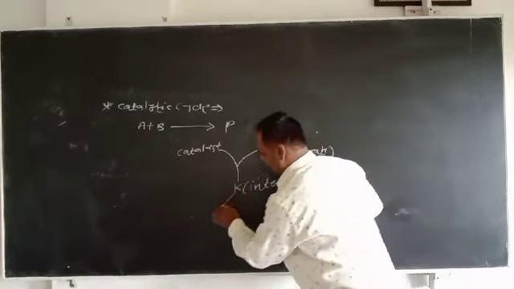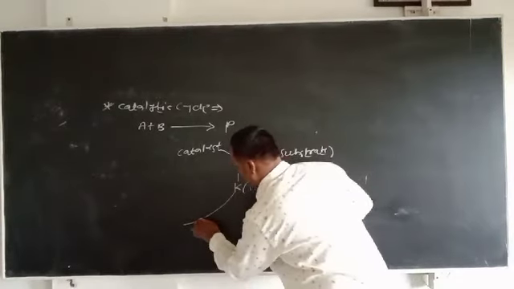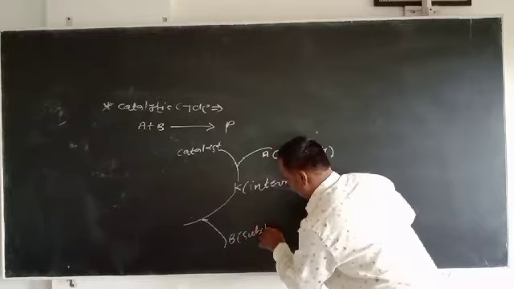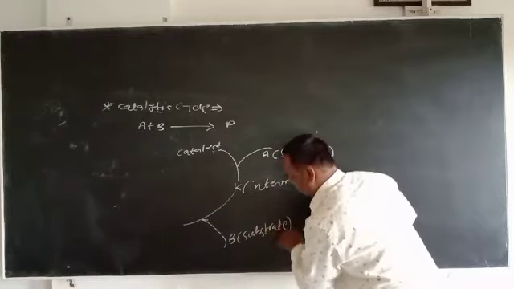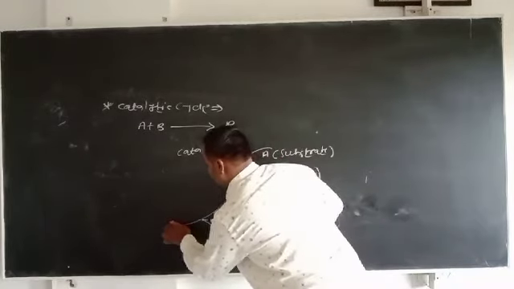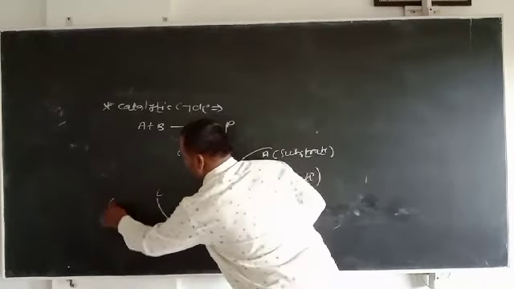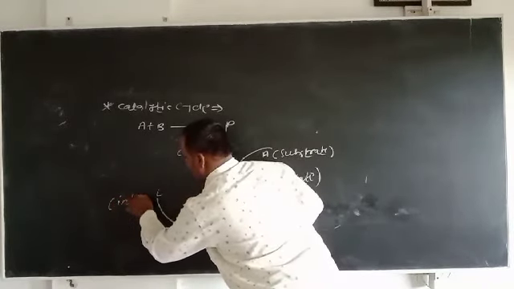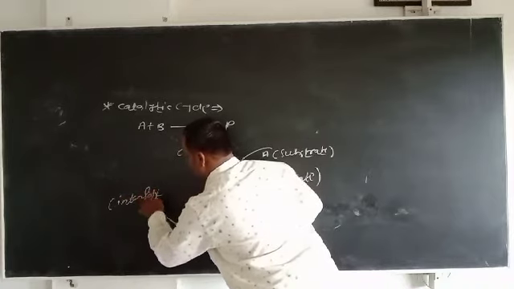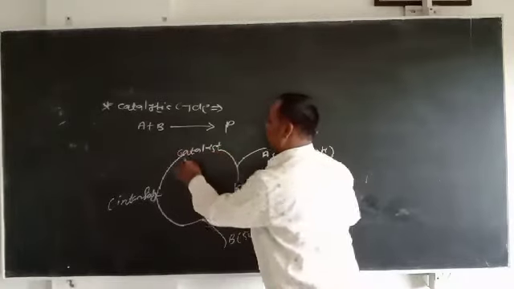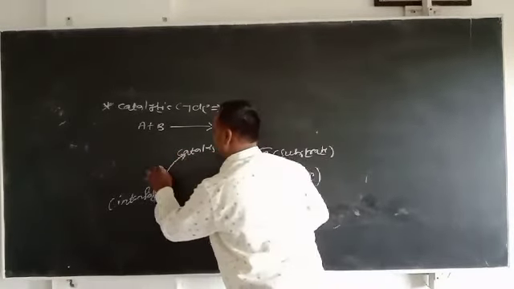Then this K reacts with another substrate molecule B, and converts into another intermediate, that is L. This is also an intermediate, and this intermediate is again converted into the catalyst and eliminates a product.